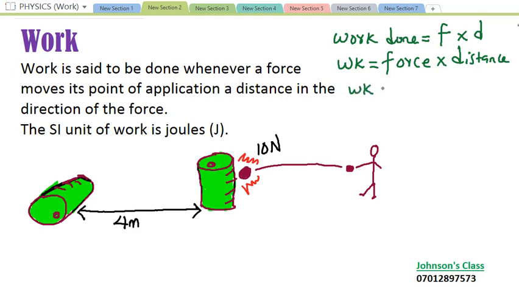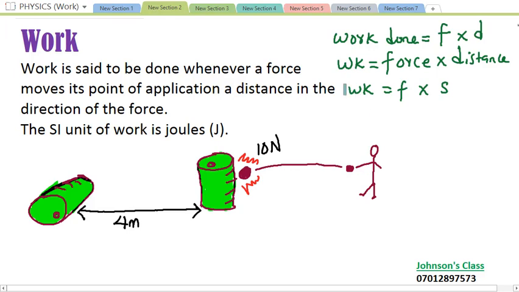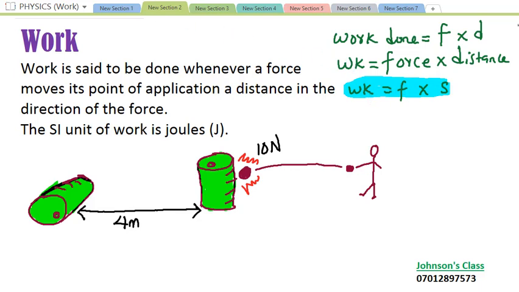So WK is equal to F times S. So this S is the distance, and that is going to be the general formula we're going to be working with as regards solving for the work done. Work done equals force multiplied by distance. Okay, and we say that the SI unit of work is joules. Okay, so let's continue and solve questions as regards this.